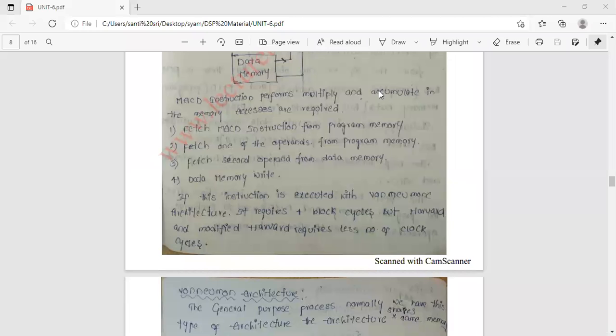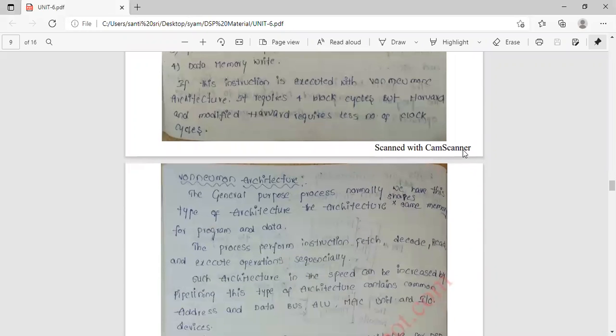So what is the Von Neumann architecture? This is the general purpose processor. Normally we have this type of architecture. The architecture shares the same memory for program and data.